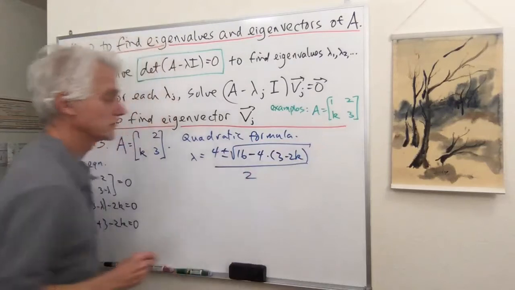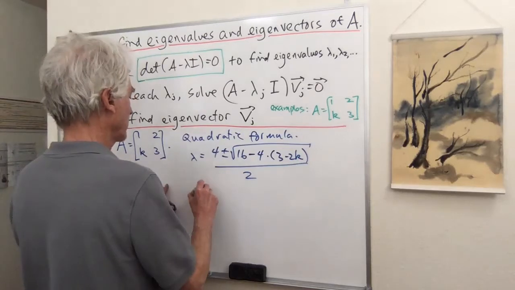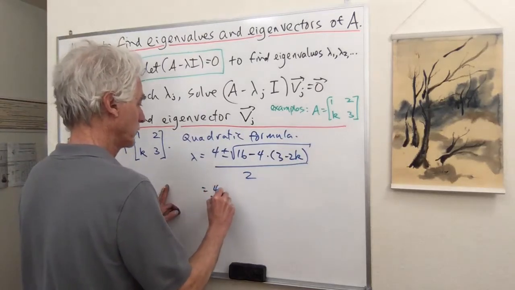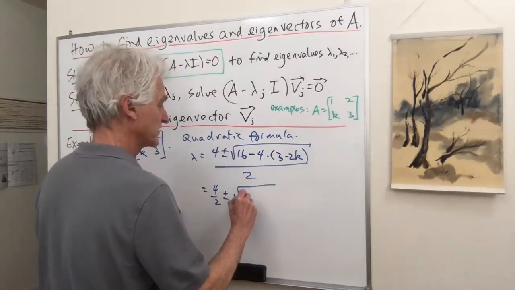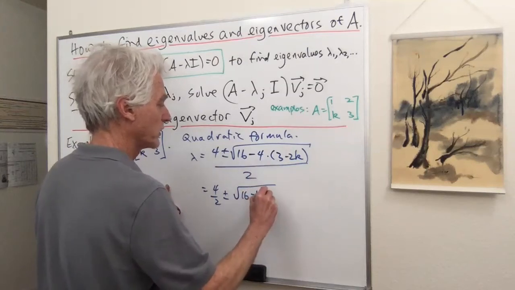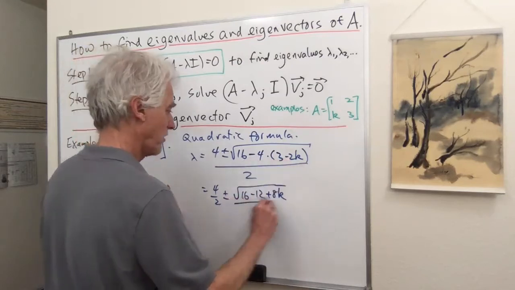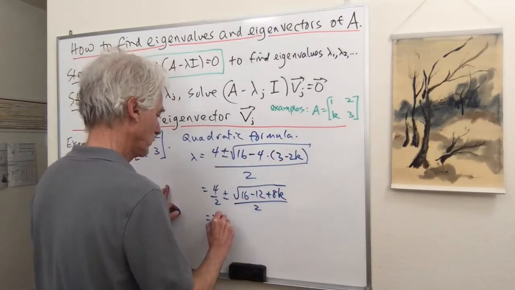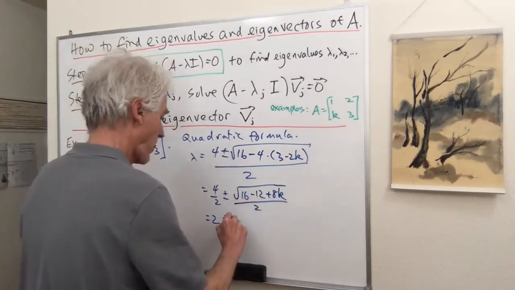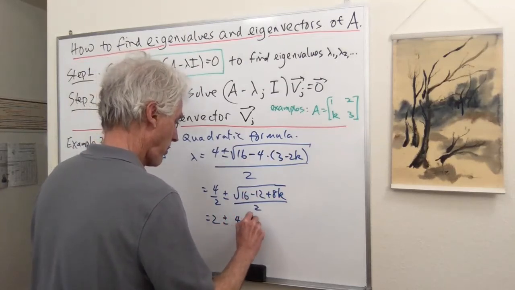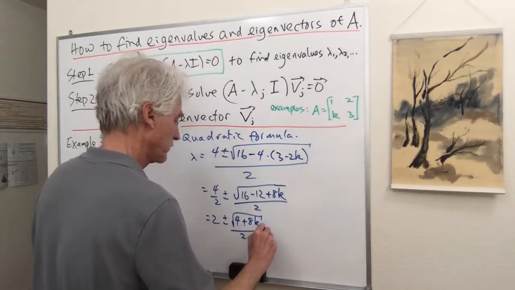All over 2a, and a is 1. So this is 4 over 2, plus or minus the square root of 16 minus 12 plus 8k, all over 2. That's 2 plus or minus, 16 minus 12 is 4 inside the square root, all over 2.